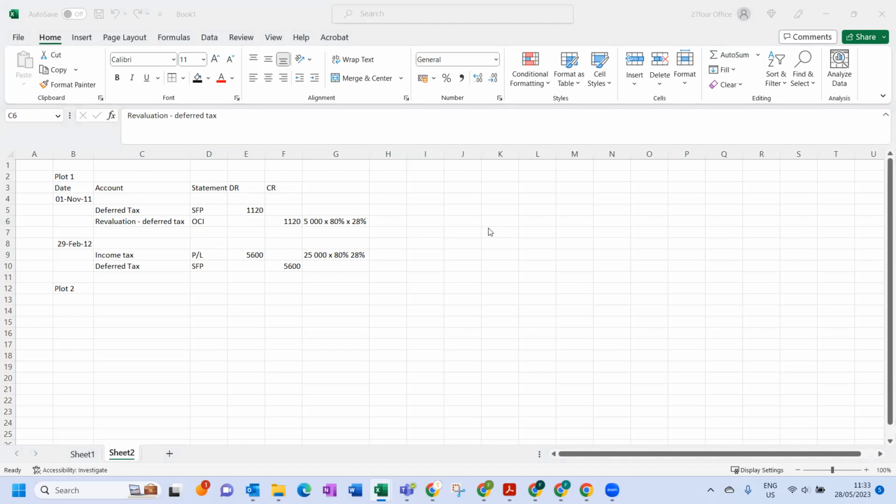So remember, both plots are now being used to earn rental income. They were first PPE, because they were owner occupied, and now they are used to earn rental income by leasing them out for people to park.